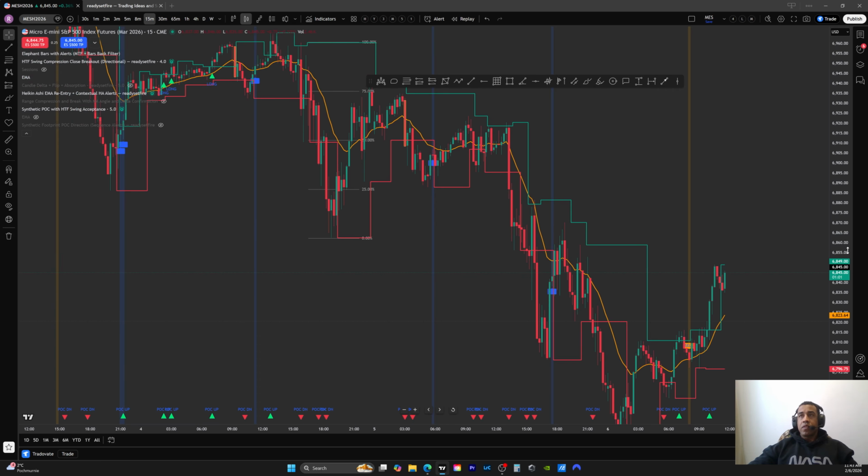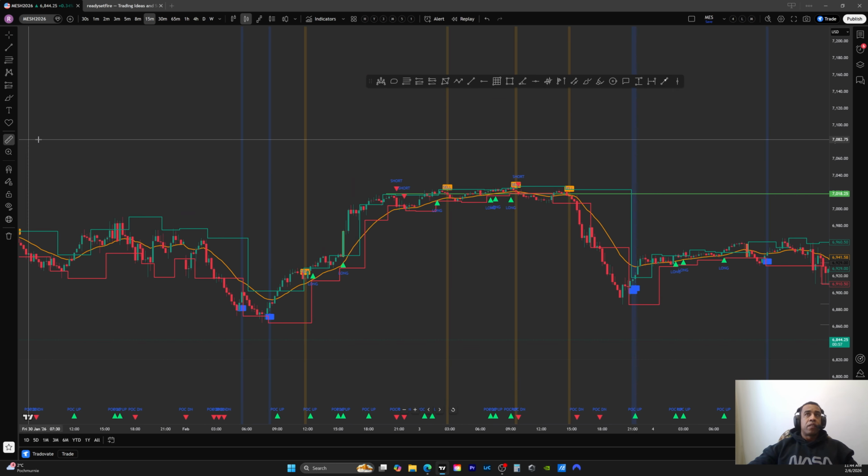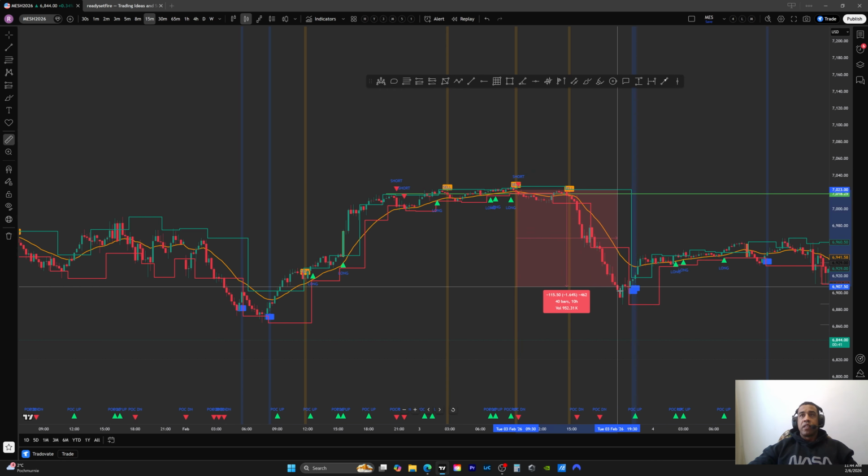So small loss in there. Here we got a big win, 123 points. Here we got 17 points, but it never took you out. If you got your stop loss above this swing high, barely 6 points, and then boom, go down. So that's the other indicator that I'm using.